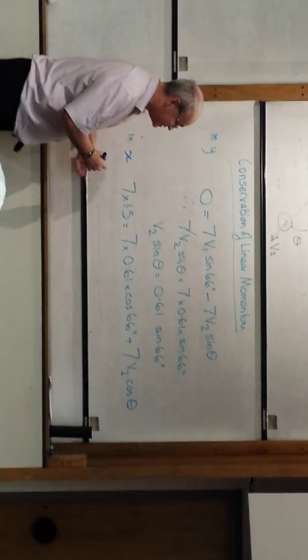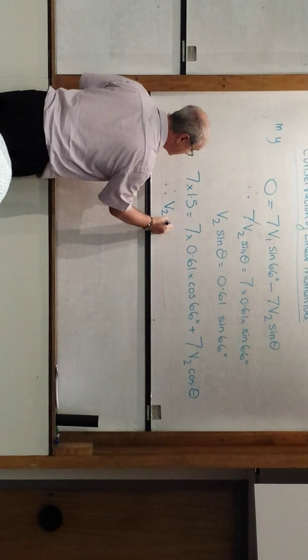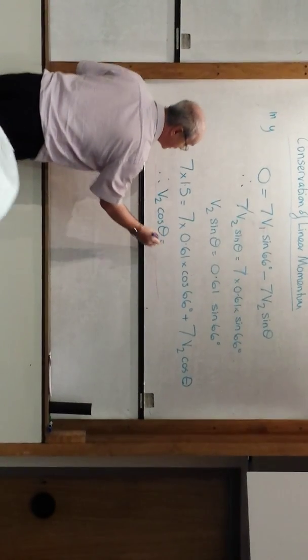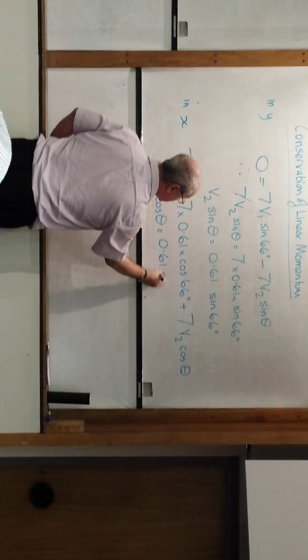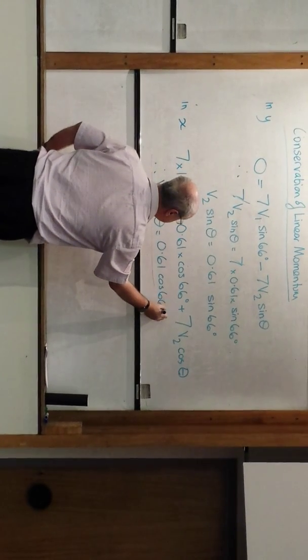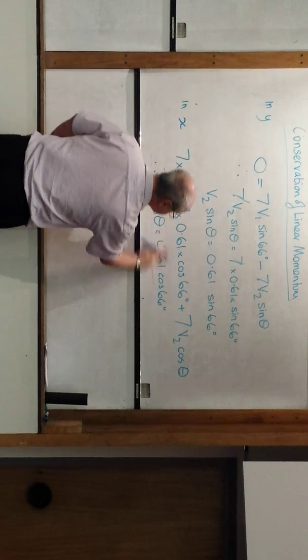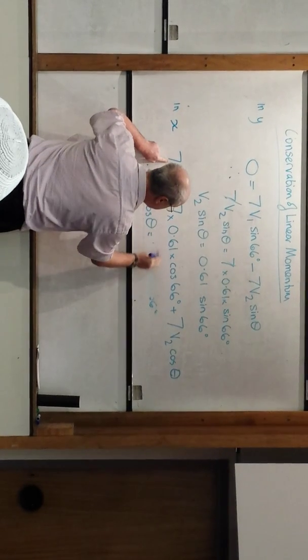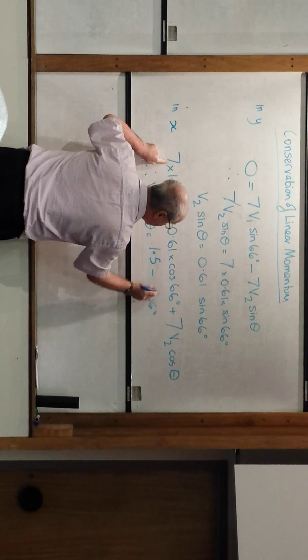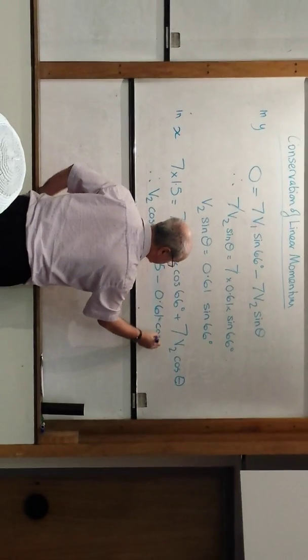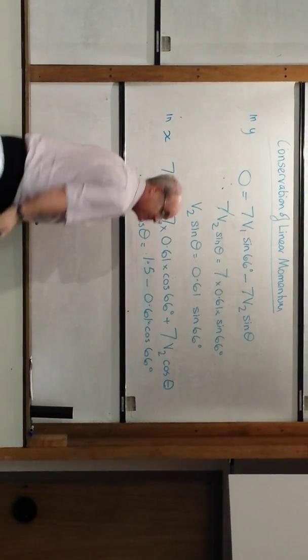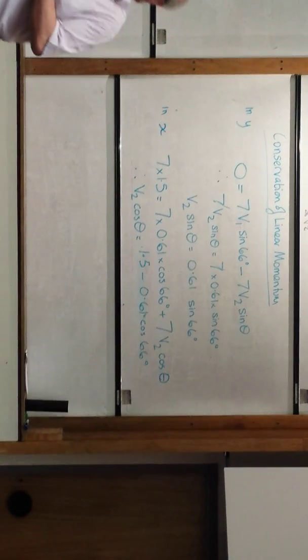So you can cancel the 7s and you will get, therefore, v2 cosine theta is 1.5 minus 0.61 cosine 66 degrees.